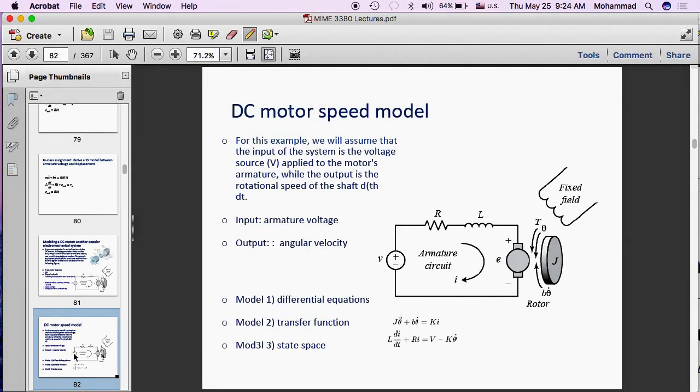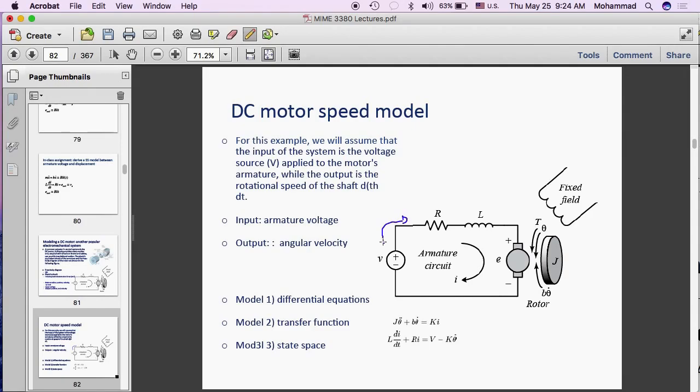So let's focus first on the electric side. In the electric side, using Kirchhoff's law, you have the source of voltage, V, which will create a current here. And that current is what we show as I in the middle with this curly arrow.